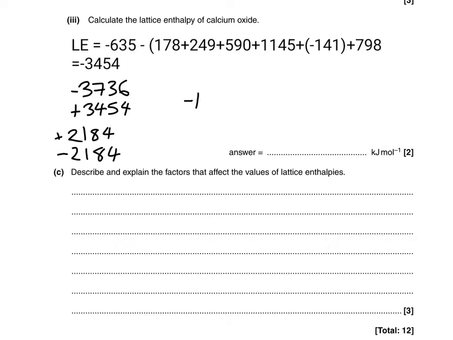And if you have minus 1858, you went wrong because you had the wrong sign for this. Okay. Right. If you made a transcription error where you perhaps got one of these numbers wrong because you copied it over incorrectly, so let's say you had 253 instead of 235, then you lose 1 mark.